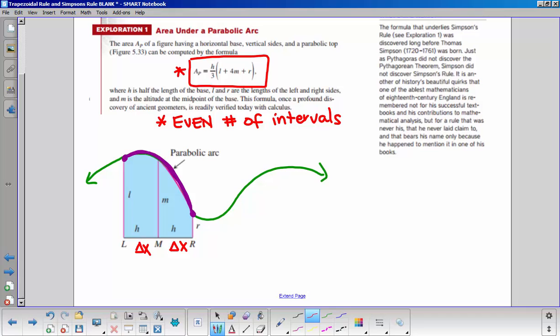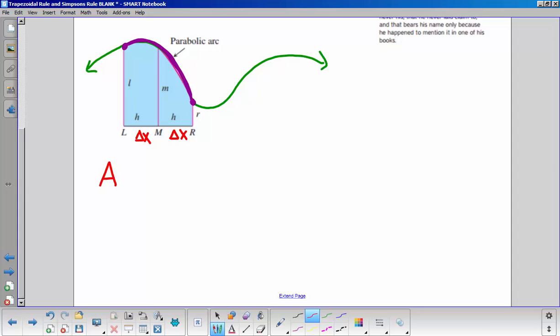All right, now type in x squared, and we're going to compare the Simpson's approximation to the one that we did just a minute ago with the trapezoidals. What are we approximating? We're going to be approximating the integral from 1 to 5 of x squared dx.